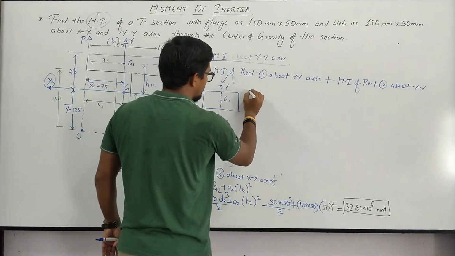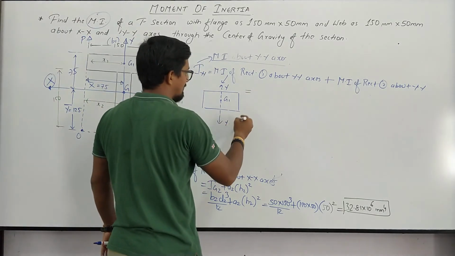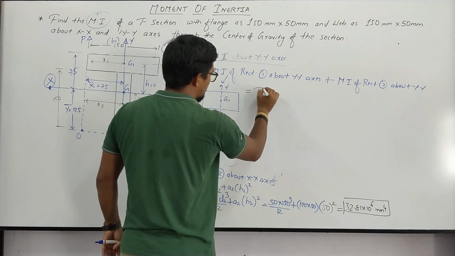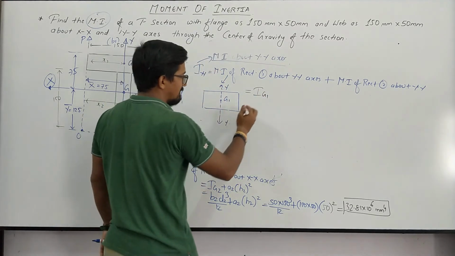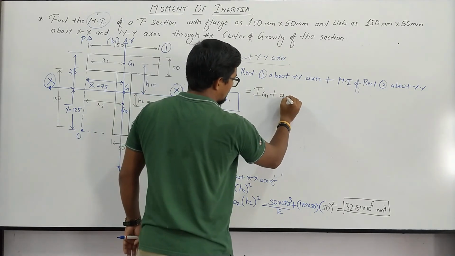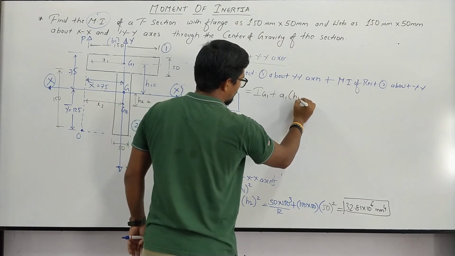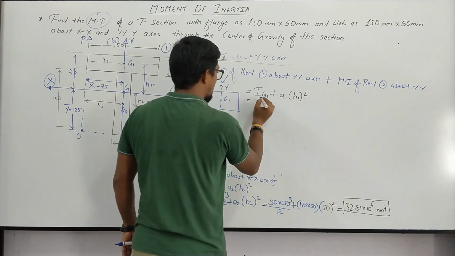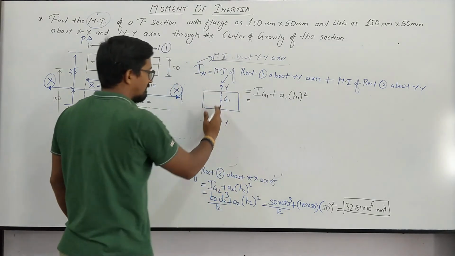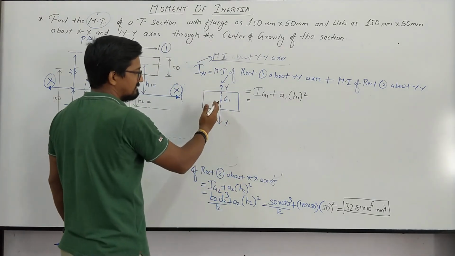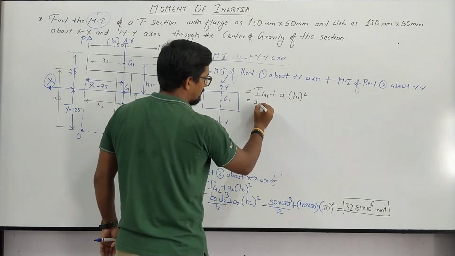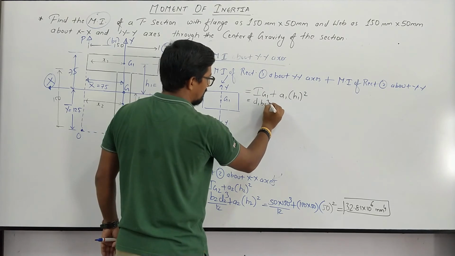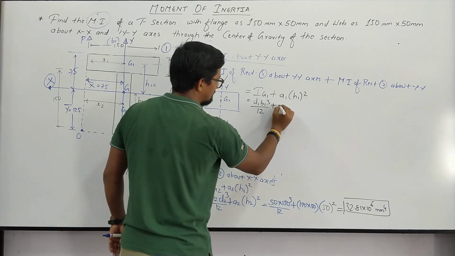So if we apply parallel axis theorem, it will be IG1 across y plus area 1 into h1 square, correct? So IG1 for the y axis is db cube by 12, so it will be d1 b1 cube divided by 12 plus A1 h1 square.